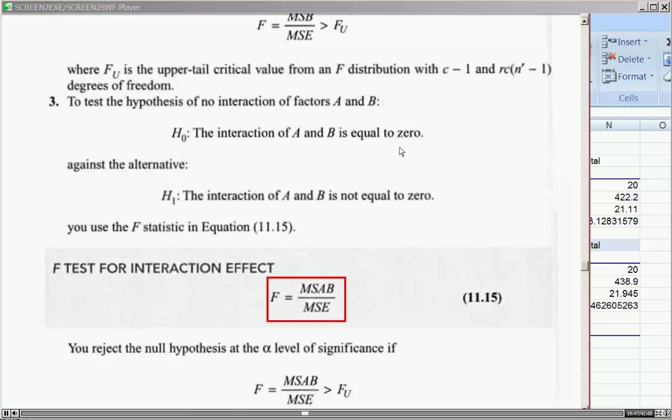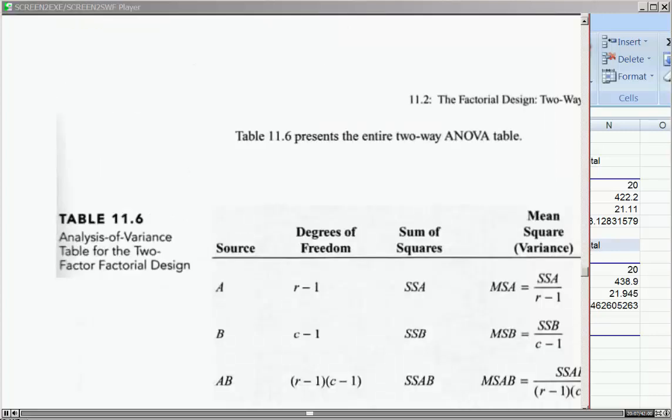And if the p-value exceeds 5%, and in our case it's far greater than 5%, it does not fall into the rejection region. That means we fail to reject. We do not reject the null hypothesis here.